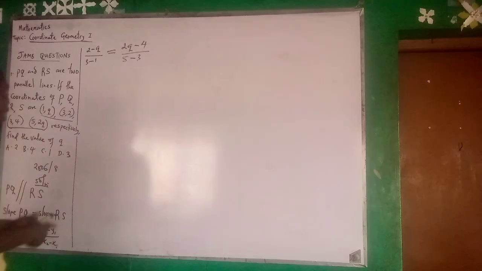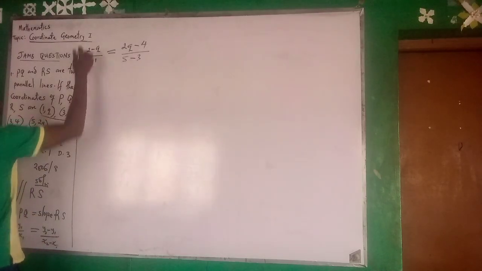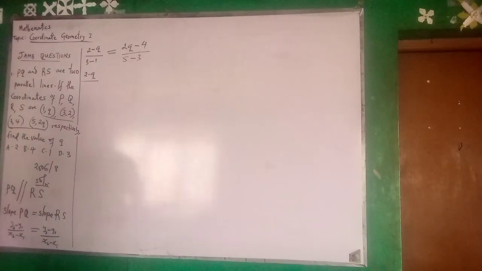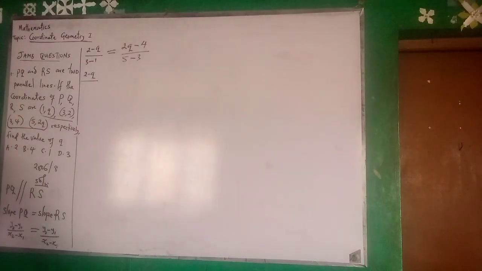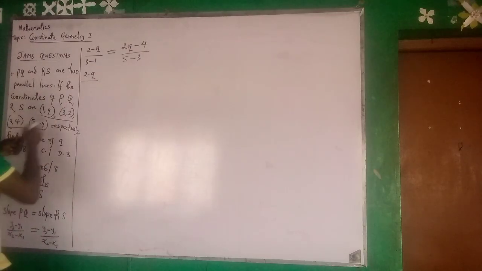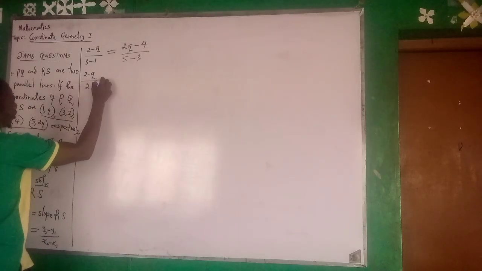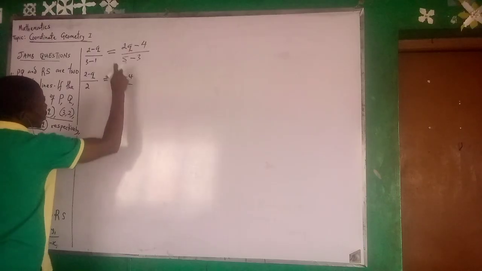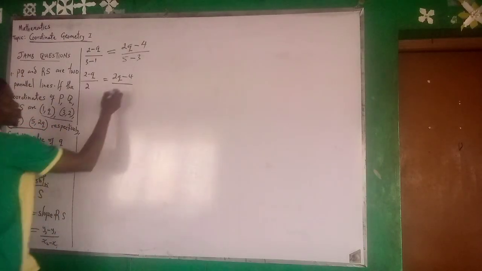Now let's simplify. 2 minus q all over, 3 minus 1 is 2, equal to 2q minus 4 over, 5 minus 3 is 2.